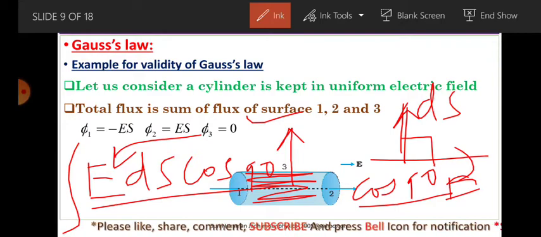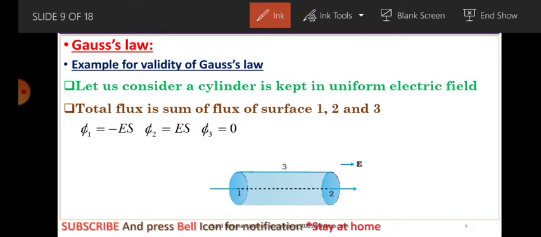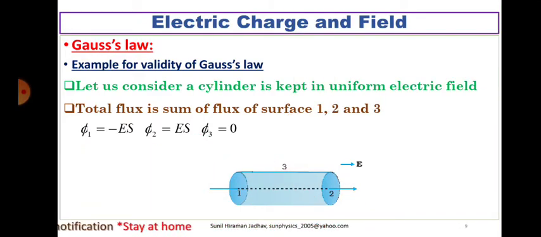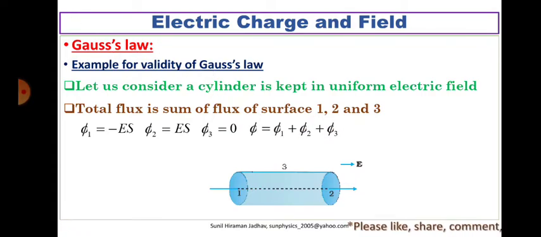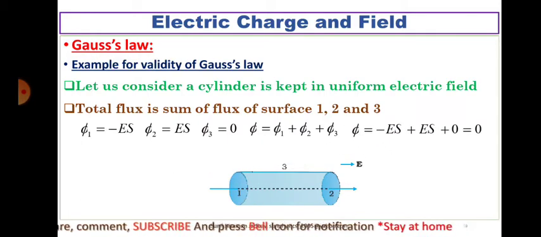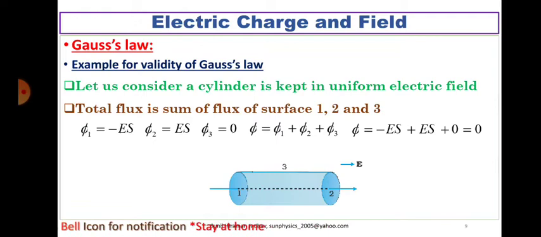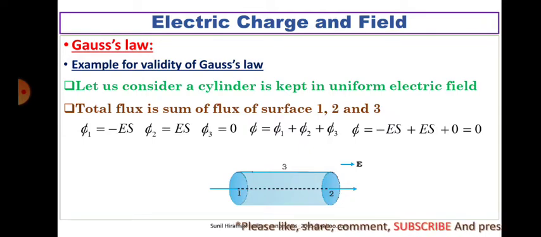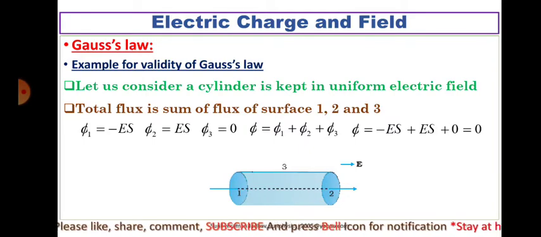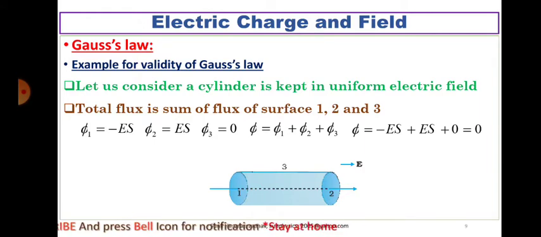Now the net flux will be simply the sum of phi 1, phi 2 and phi 3. So phi is equal to phi 1 plus phi 2 plus phi 3, and if we put in the values, this turns out to be minus ES plus ES plus 0. Ultimately it is equal to 0. As this cylindrical surface does not have any charge, according to Gauss law the flux coming out of this cylinder should be equal to 0, and we get the same result.